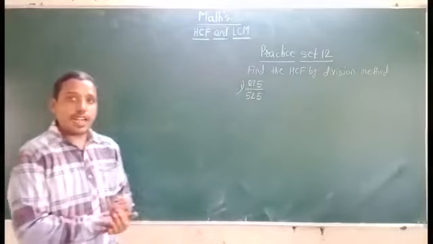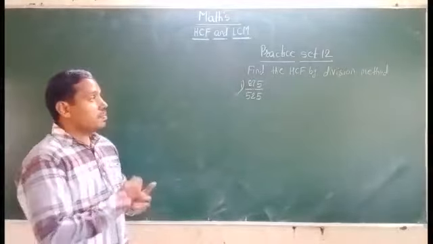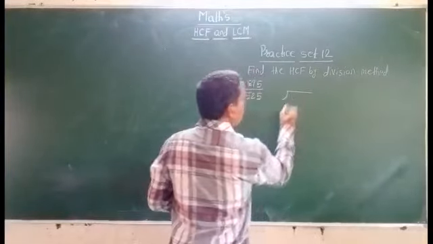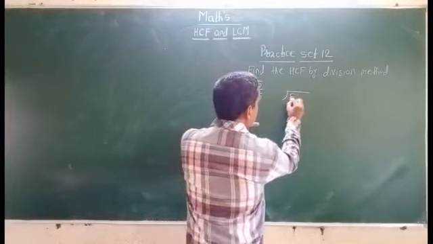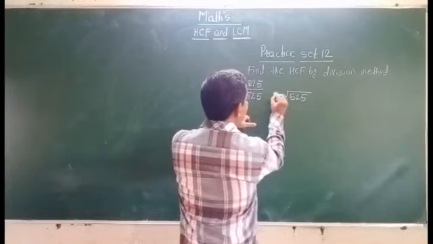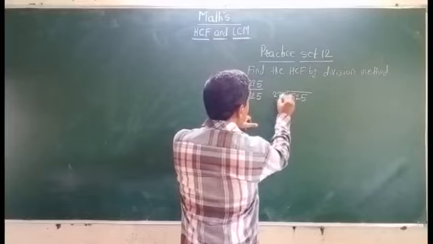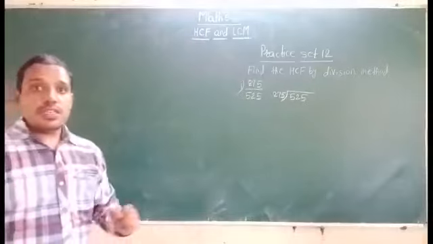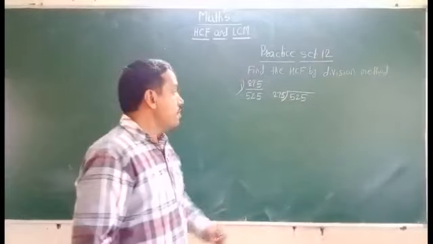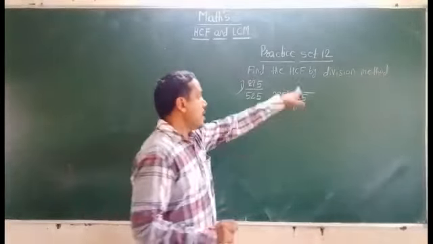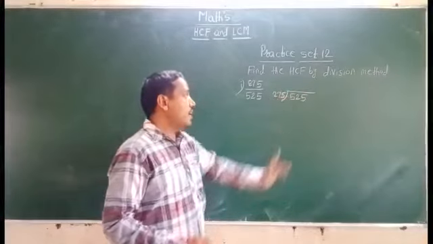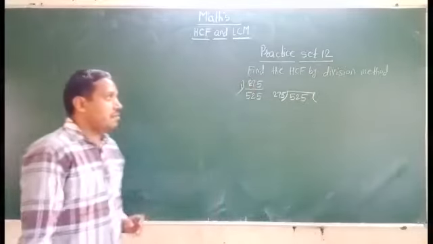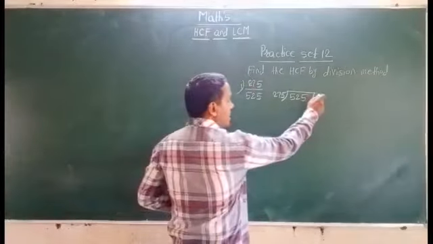In the division method, we follow the division process, and in that process we divide the greater number 525 by the smaller number 275. In the division process, we write down the answer at the head of the horizontal line, and we also write the answer in here.